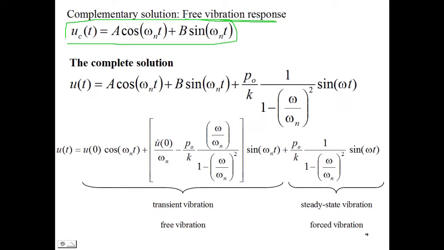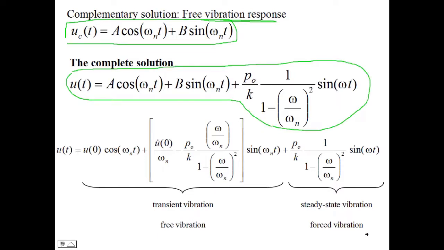The student can go back to any textbook in dynamics of structures to find the complete derivation of the particular and complementary solutions. The complete solution is the sum of the complementary and particular solutions.